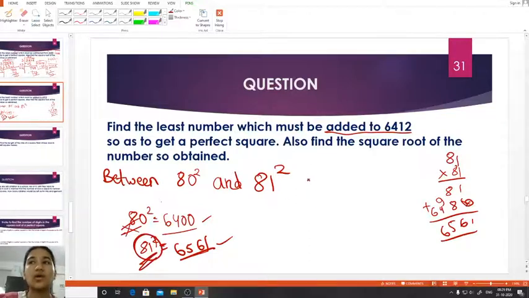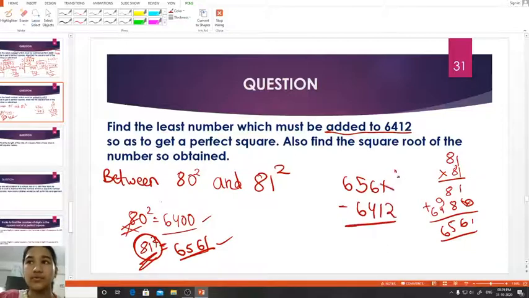So we have to consider not this one itself. What must be added to 6412 so as to get a perfect square? We know that 81 square, that is 6561, is a perfect square. So we will subtract 6412 from 6561, so that we come to know what must be added to this number to get a perfect square. Yes, 149. So the answer is 149.